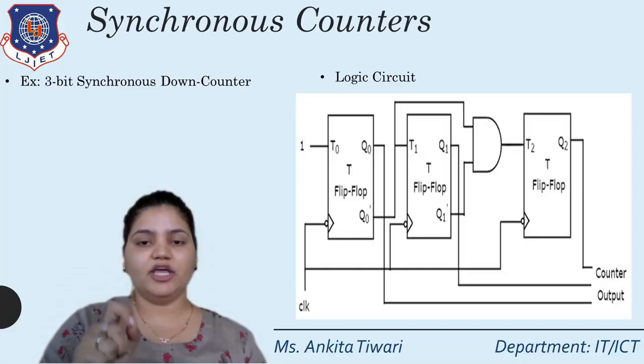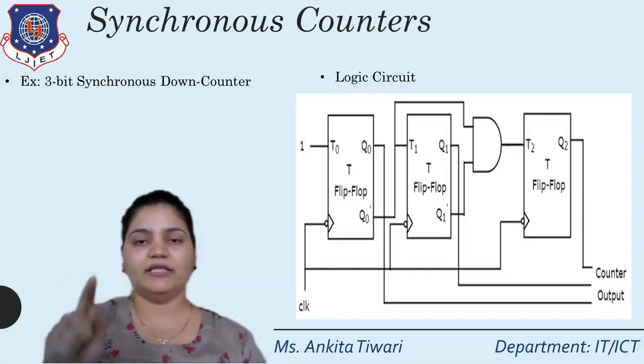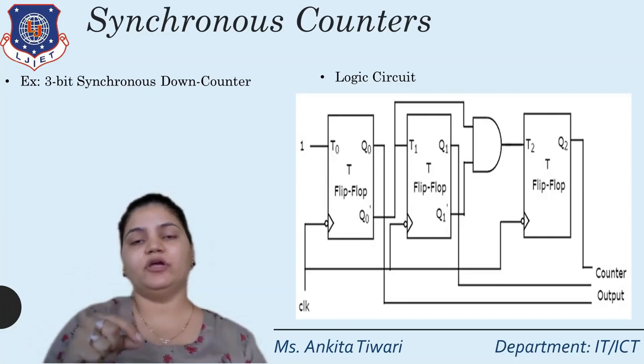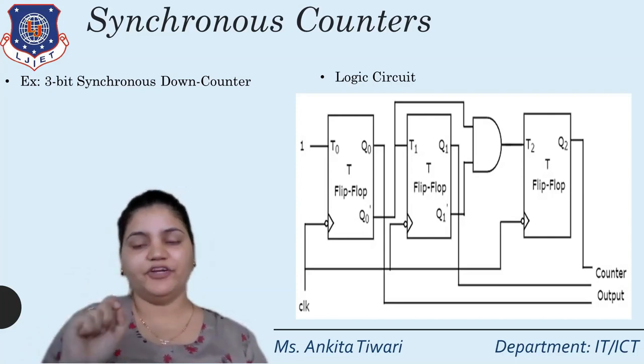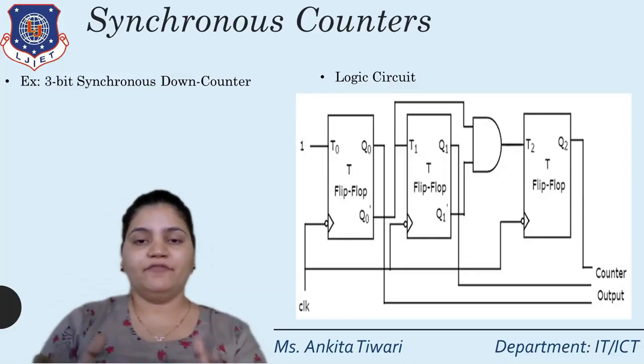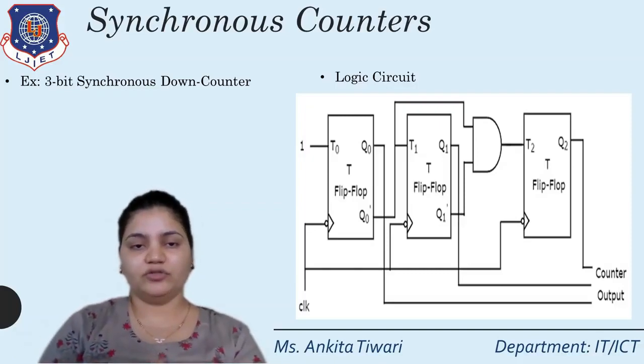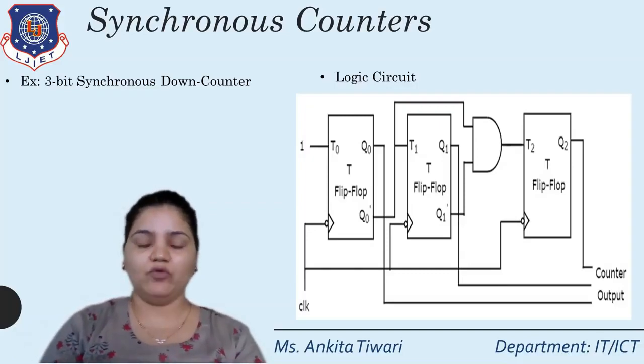So as you can see here, Q0 bar and Q1 bar in the diagram, and an AND gate is taken, and the AND gate output is provided to the input of the T2 flip-flop. So here we got a circuit diagram, as you can see, with T flip-flops and the 3-bit value. So this is what a synchronous down counter is.